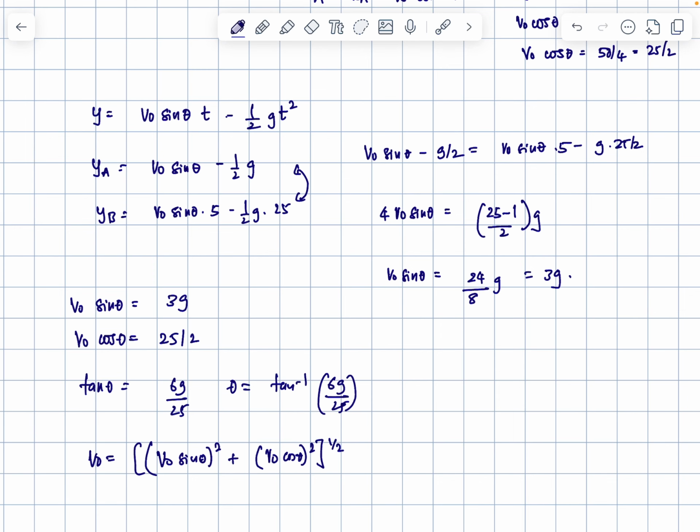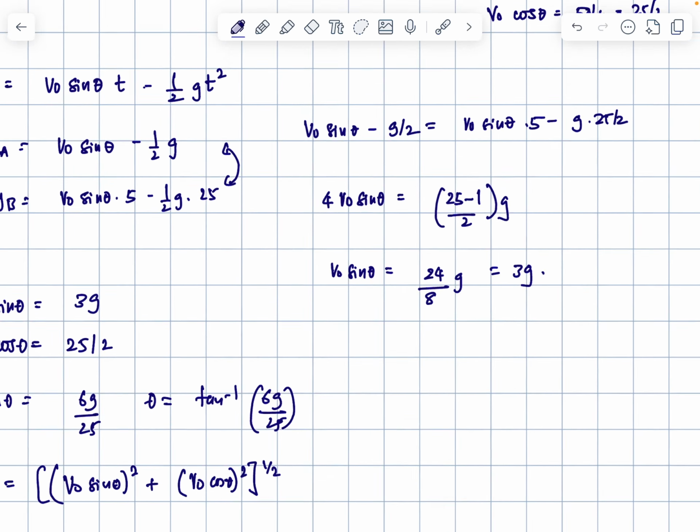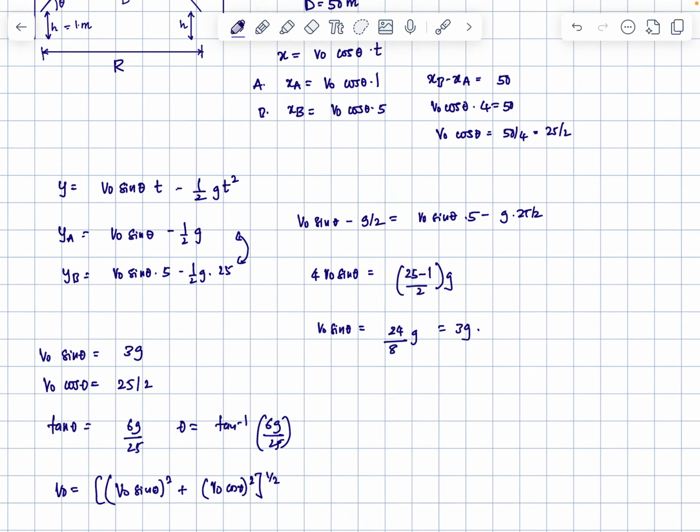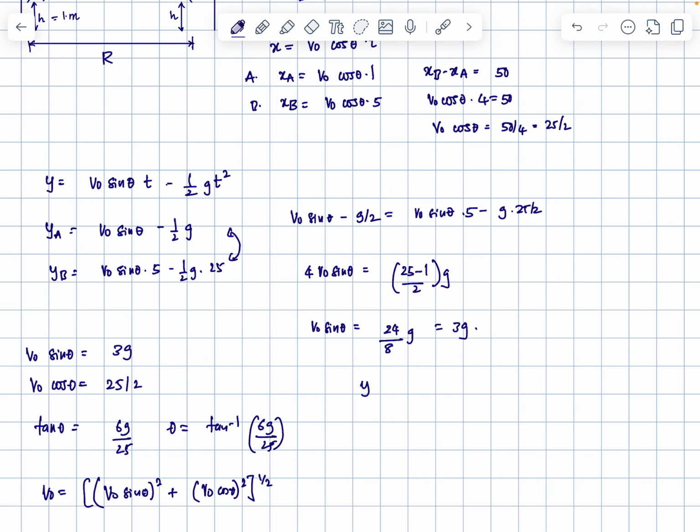Now we want to find the total range, r. To find r, we want to know the time of flight. So y equals 0 in both cases.